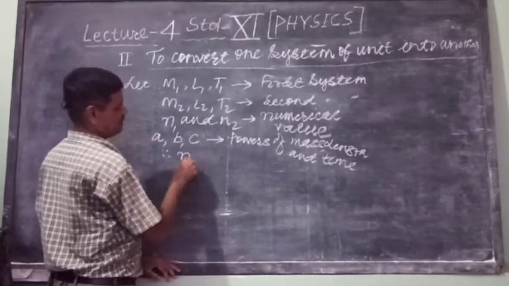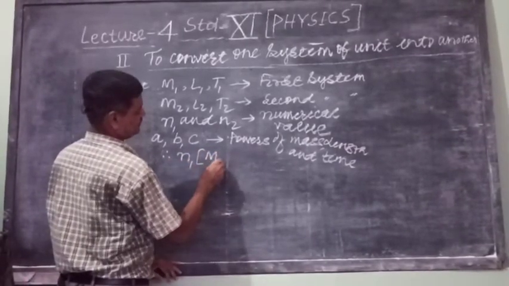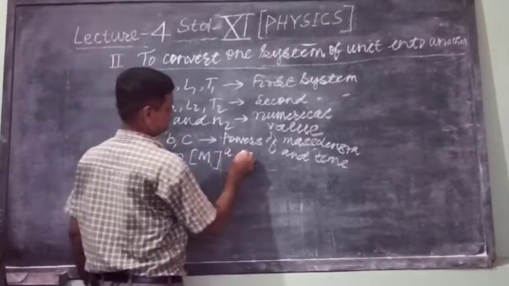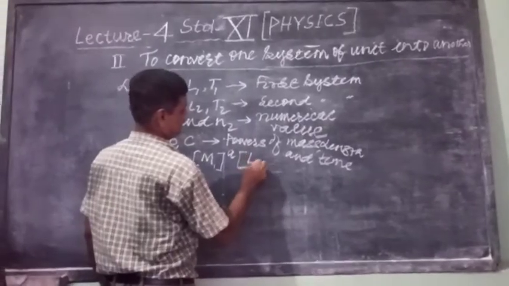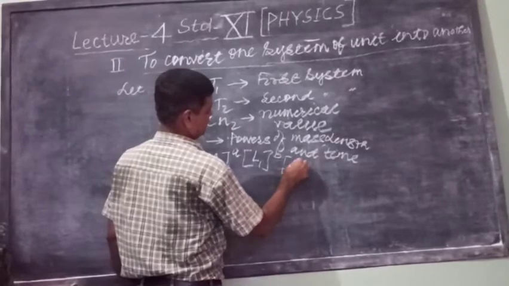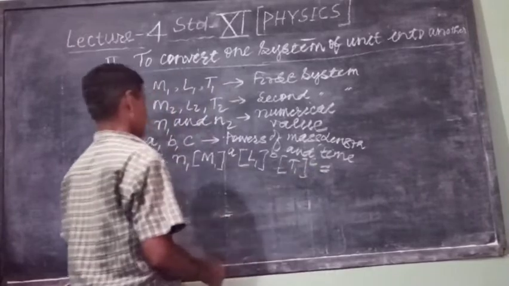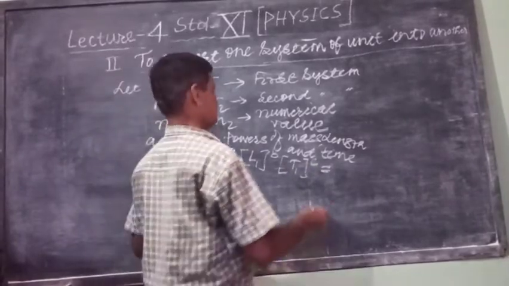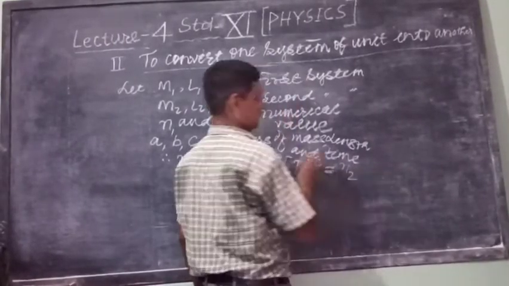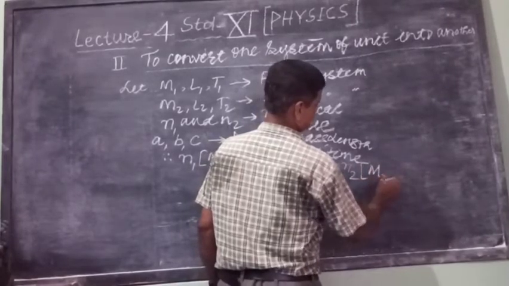There is a formula. N1, the numerical value of the first system, times mass of the first system M1, power is a, L1 power is b, and the time in the first system is T1, power is c. On the right side, the numerical value of the second system of unit, we can write N2, times M2.